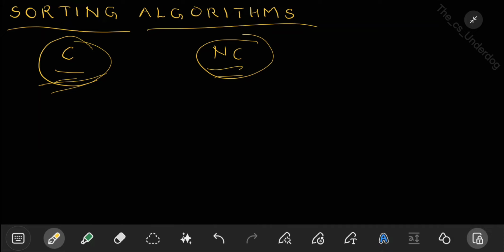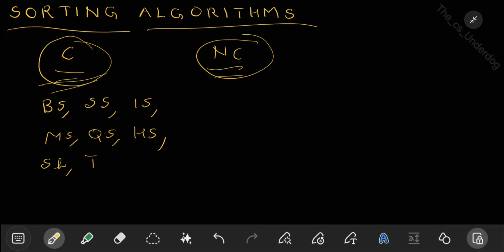So in comparison based, you have a lot of sorting algorithms like bubble sort. You have selection sort, you have insertion sort, then you have many more like merge sort, quick sort, heap sort, then what else? Shell sort is there, tree sort is there, then you have tim sort.